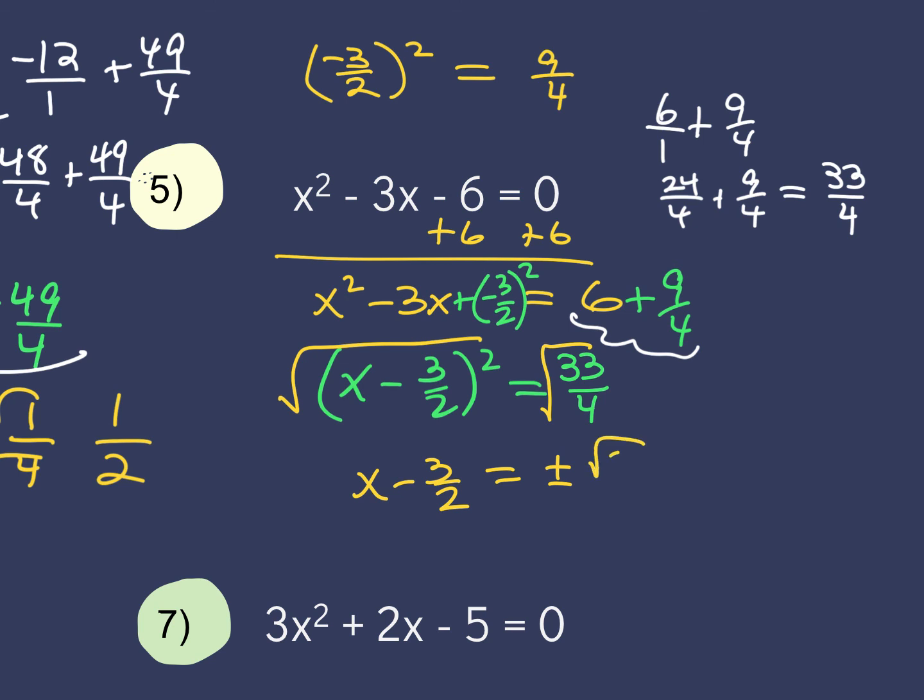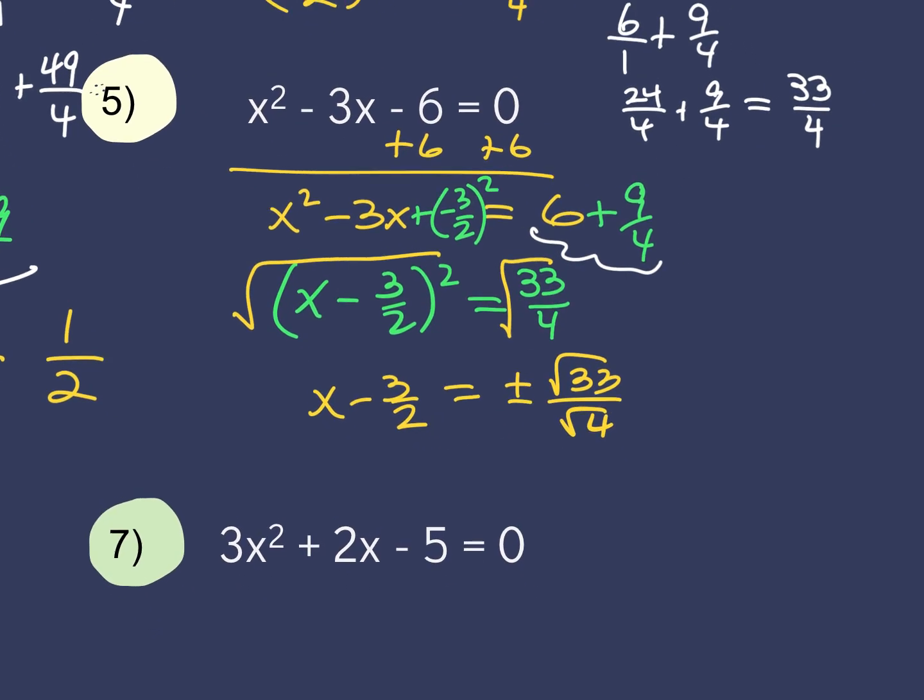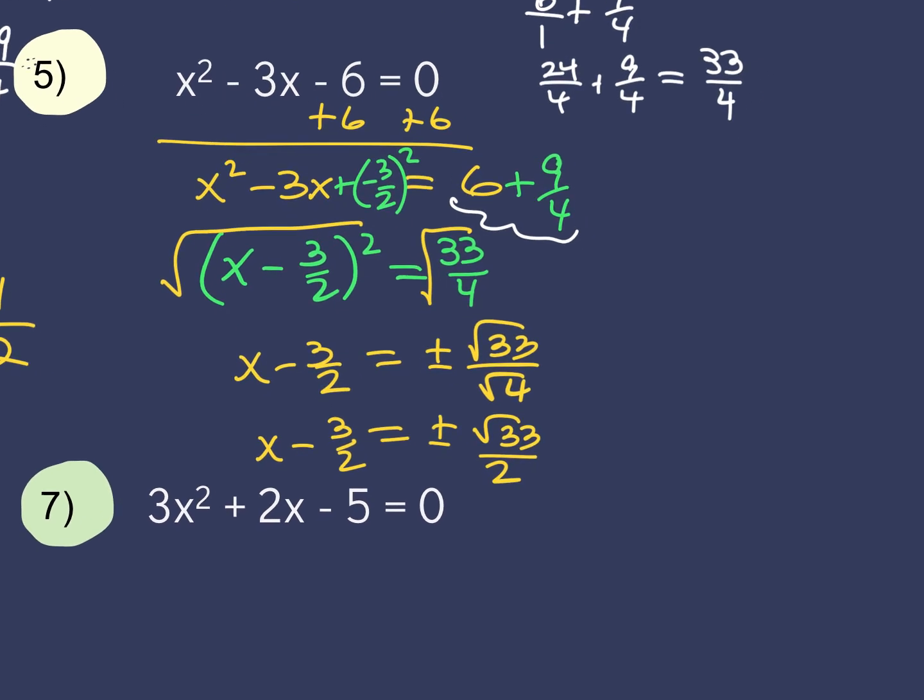And again, if you want to root them separately, you can. The bottom is a perfect square. So it ends up being x minus 3 over 2 equals plus and minus the square root of 33 over 2. So then let me rewrite it up here so I have more room. So just x minus 3 over 2 plus or minus root 33 over 2.